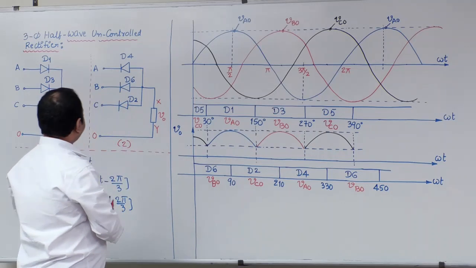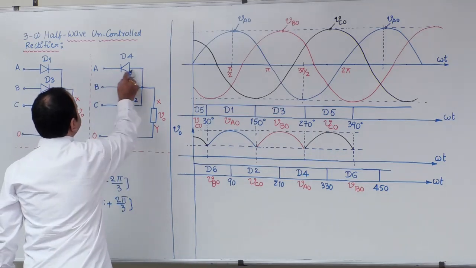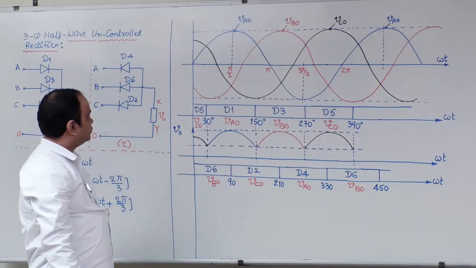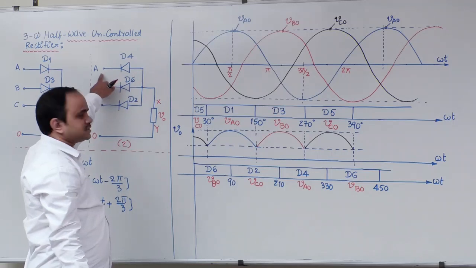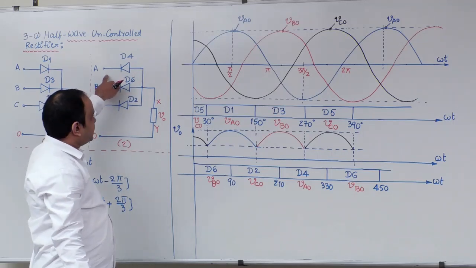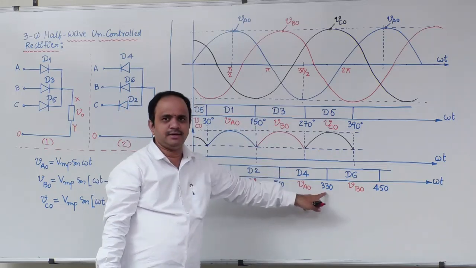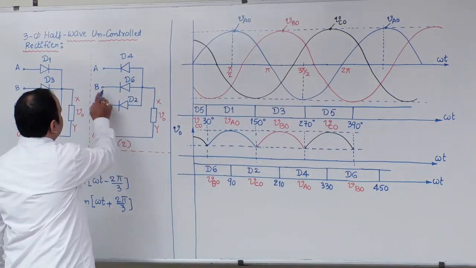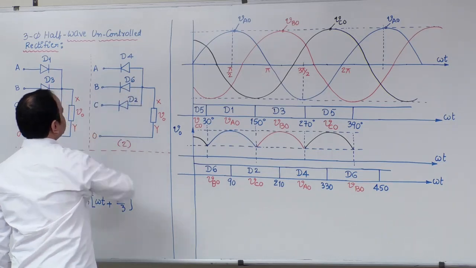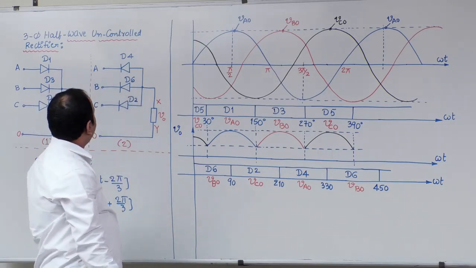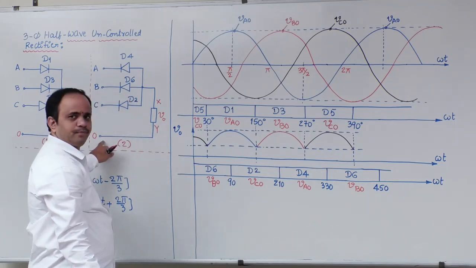I am repeating. D4 will forward bias when phase A is more negative. Under that condition, V0 will be the same as VAO, from 210 to 330. Next, D6 will forward bias when phase B is more negative. Under that condition, V0 is equal to VBO.